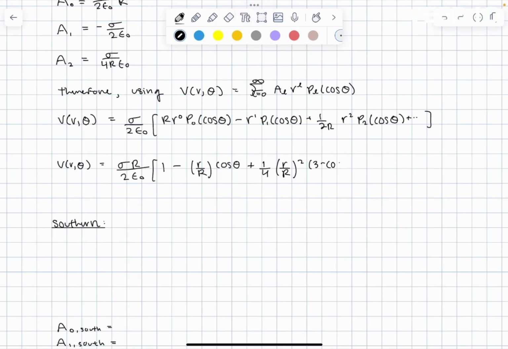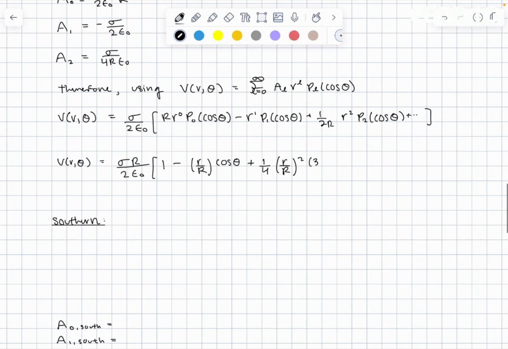Sorry, that was quite messy. I said the right thing, but wrote the wrong thing. And that will be for when R is less than the radius in the northern hemisphere.